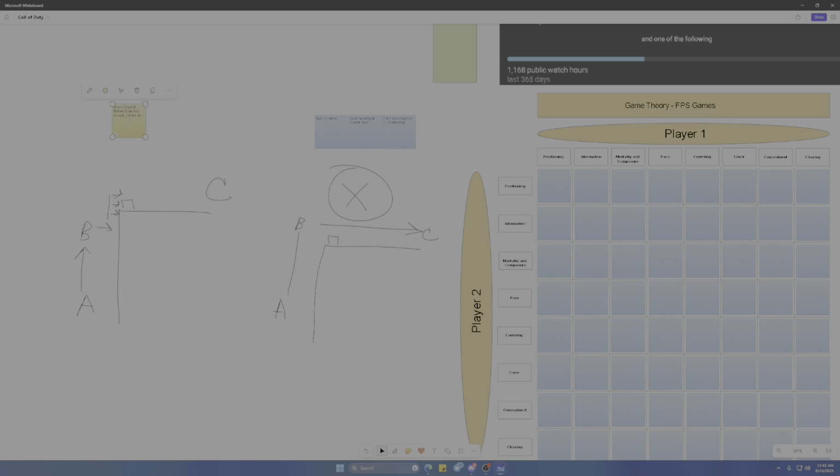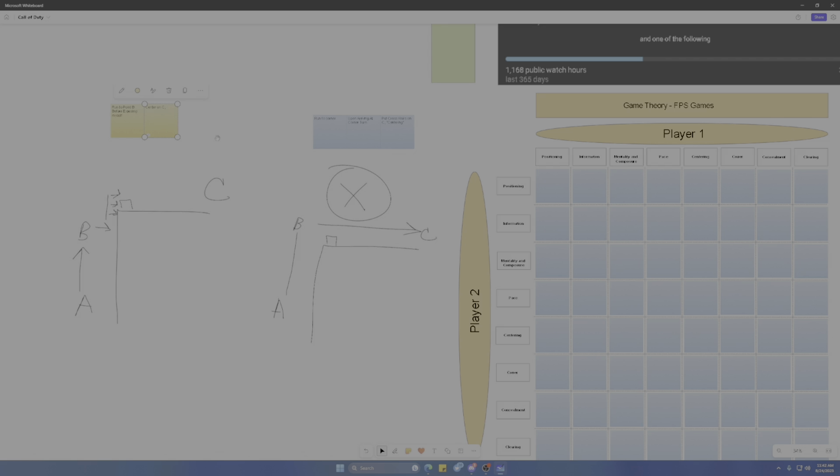Center on, and then the next step will be center on C. And some people will call this next step shouldering. Shoulder to C.